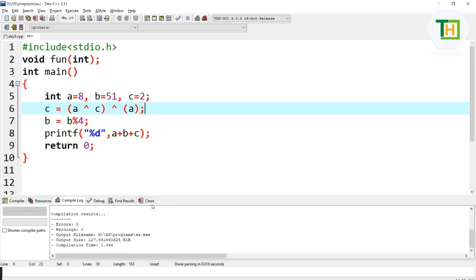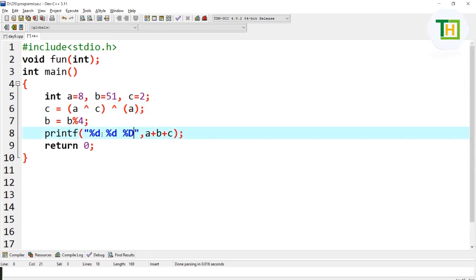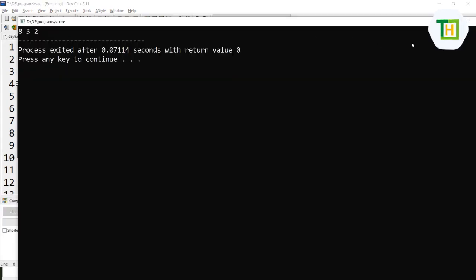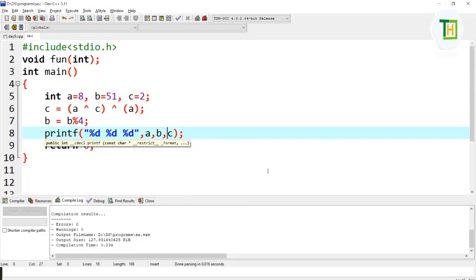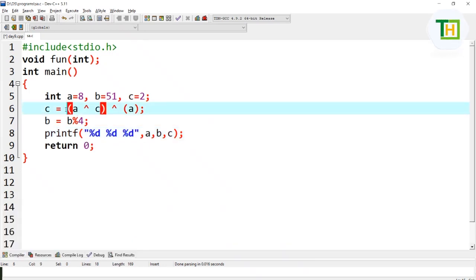Sorry, I'm missing something here. What am I missing? What is the C value? For example, I'm going to write percentage d, a comma b comma c. The value is 2 here.